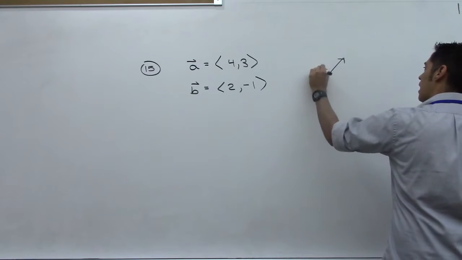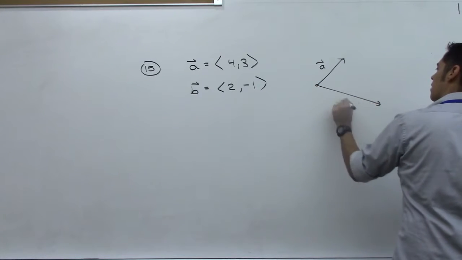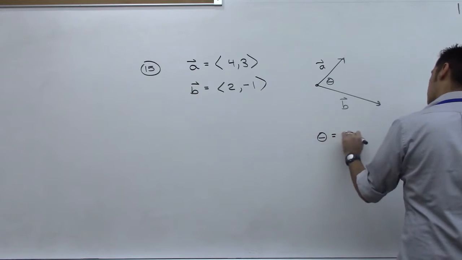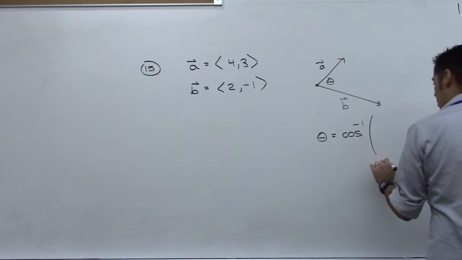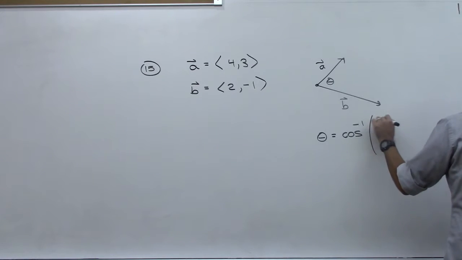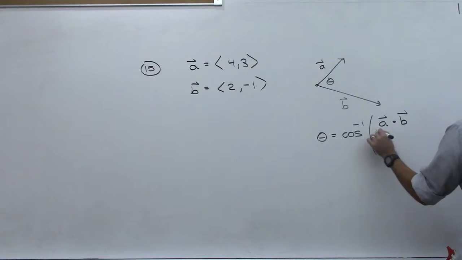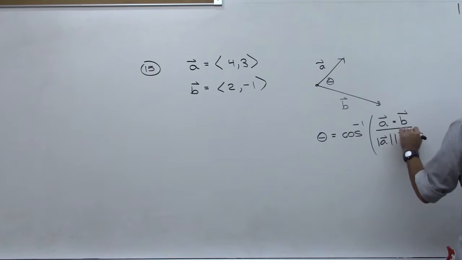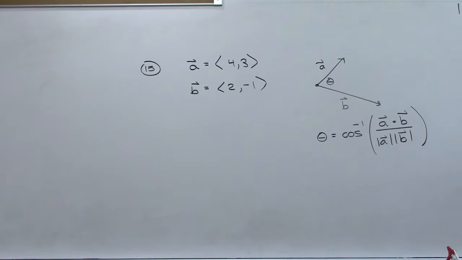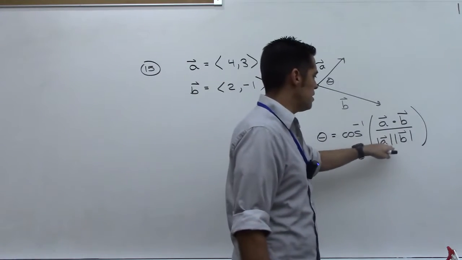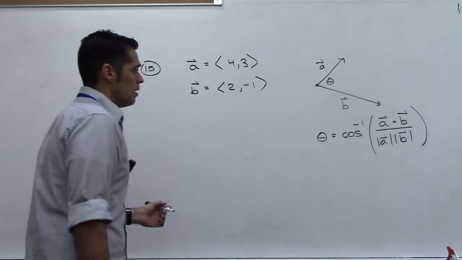If we're given two vectors A and another vector B, the angle between them is equal to cosine inverse, or the arc cosine, of A dot B divided by the magnitude of A times the magnitude of B. So that's our formula. I'm going to need to do A dot B, but I'm also going to need the length of A and the length of B. So let me work on those right now.